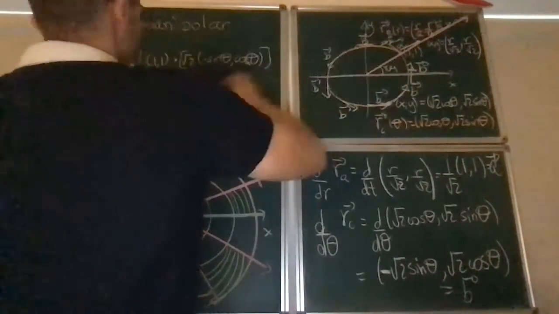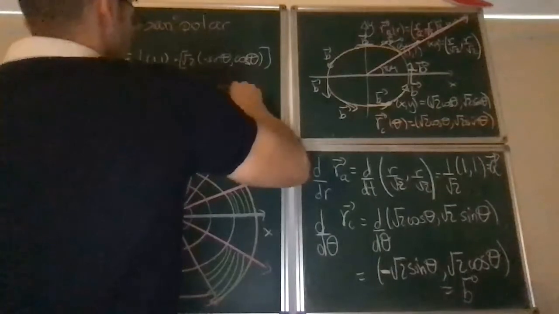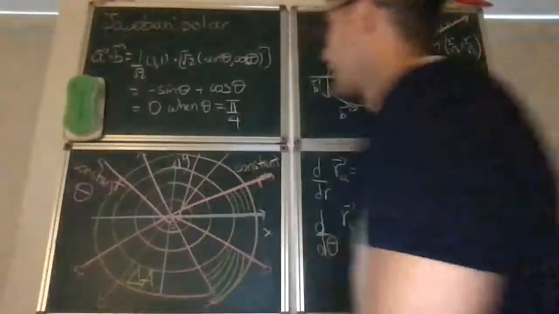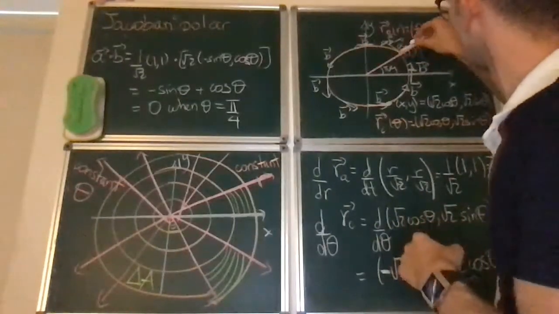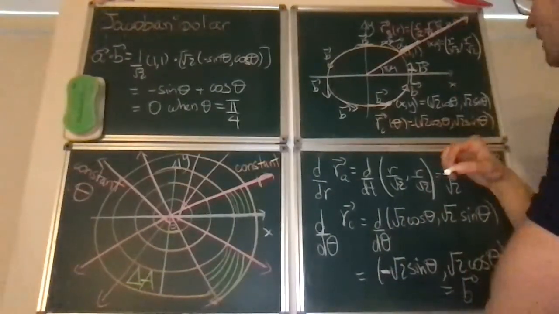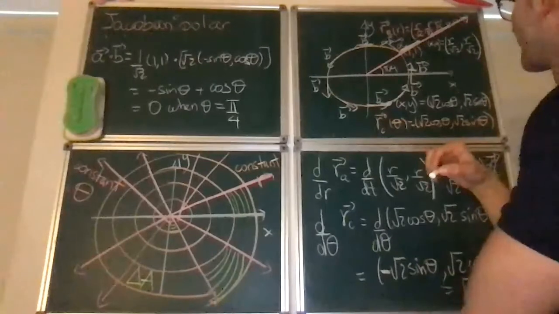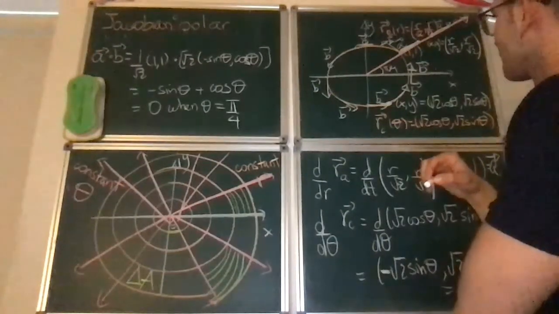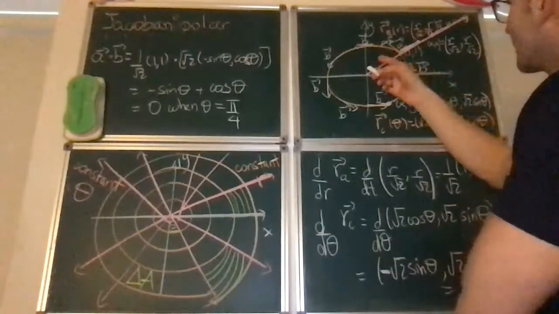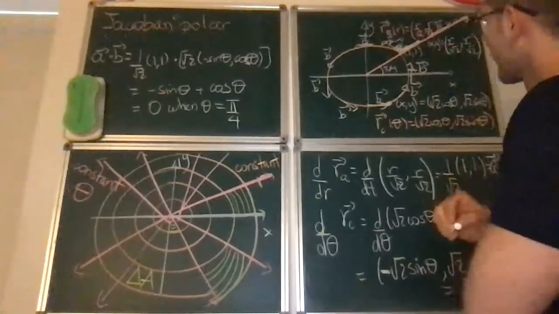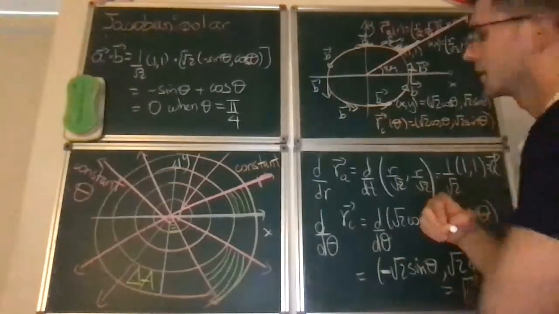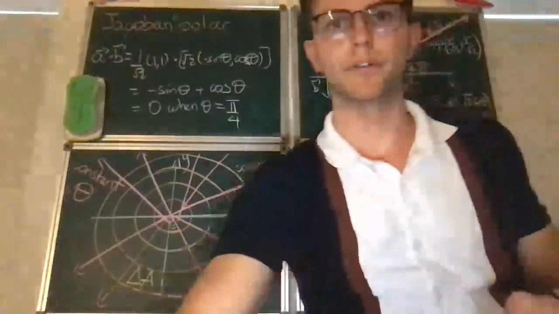Sorry, that's what I was trying to say, because sine and cosine are the same. Okay, so at this point the vectors that I drew are perpendicular. Okay, and let's try to see if that's true in general.